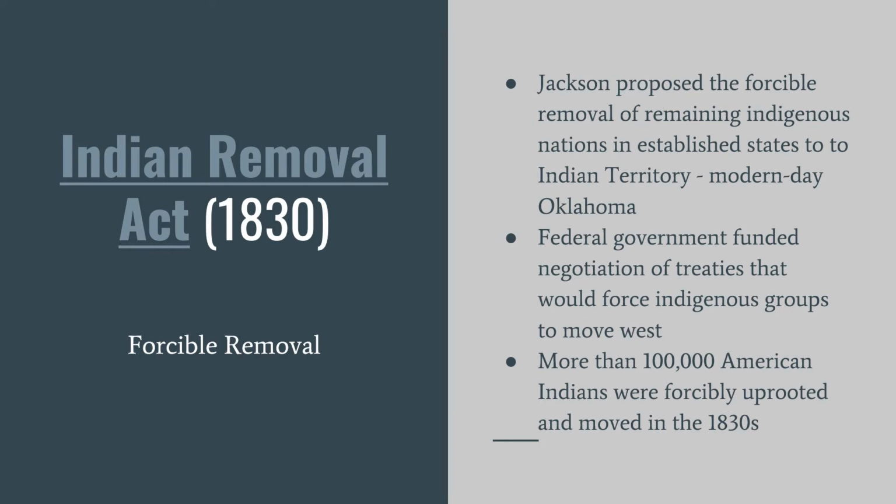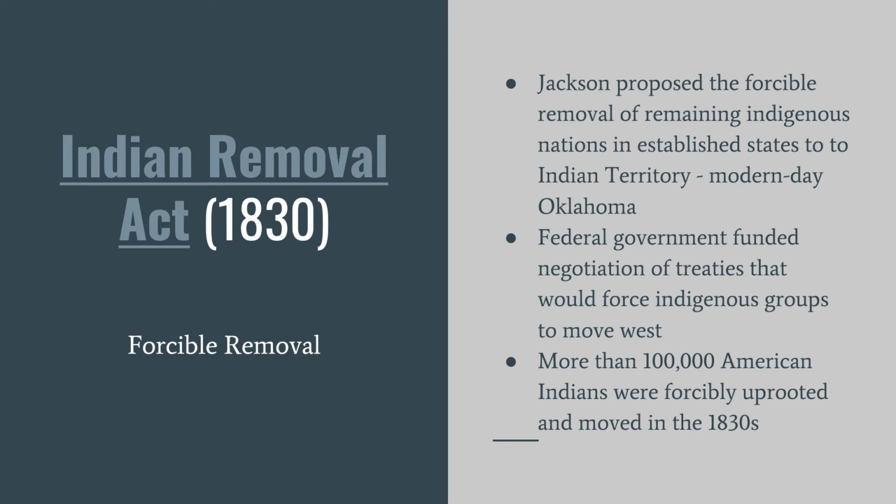So once Andrew Jackson became president, he started to look for ways to get a lot of that valuable land that had been part of that Indian Reserve prior to the American Revolution.